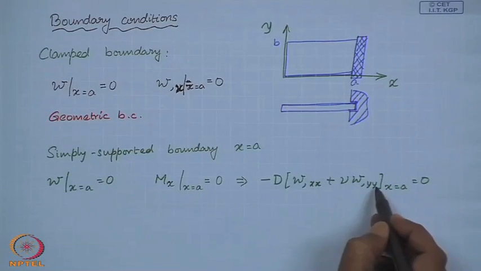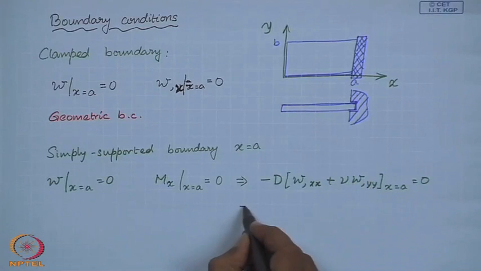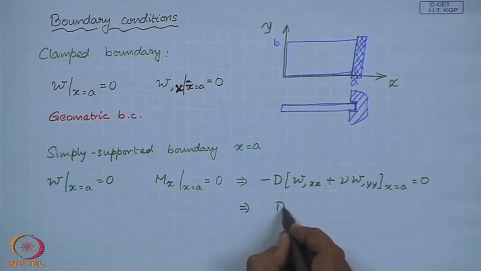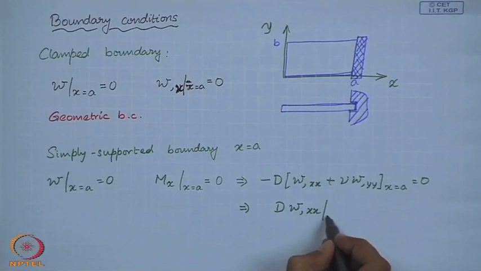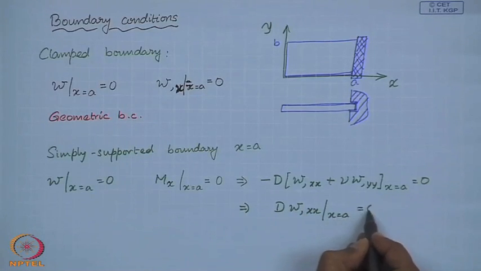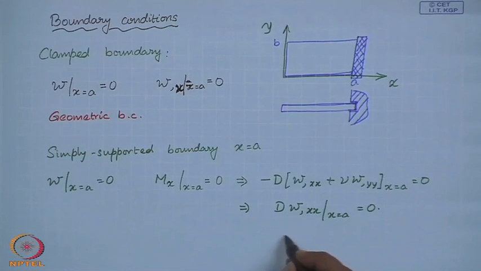So, this term is also 0. Now this is a natural boundary condition.